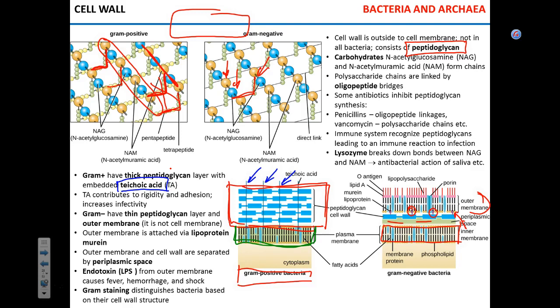But I want to focus your attention on an extremely important structure that is unique to gram-negative microorganisms. Here in the image, you see these red things sticking out. Can you see those? This is called endotoxin, or lipopolysaccharide.